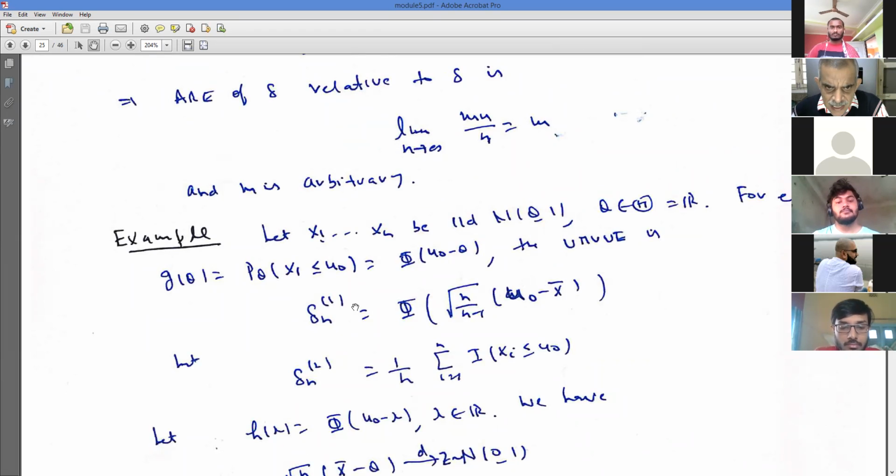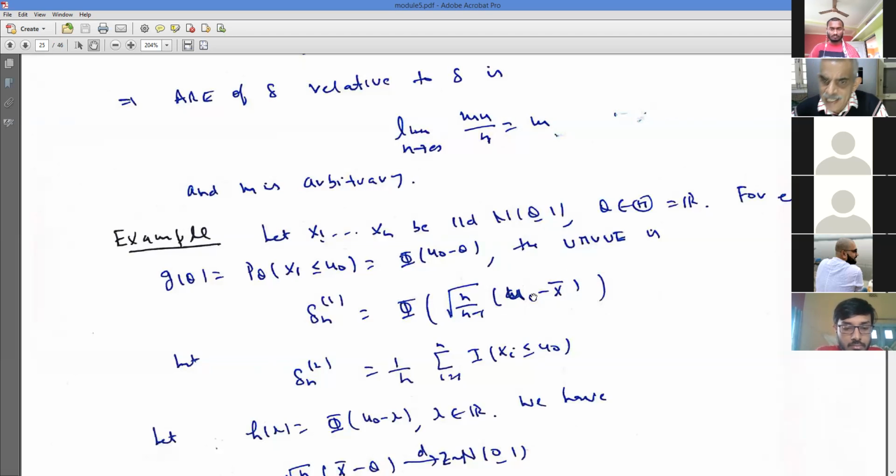Because I have to write this as h of cn x bar, where cn is already there, root n upon n minus 1, I have to write this as a sample mean of something. It can be written as a sample mean only when I define Ti as U0 minus Xi. Then T bar is nothing but U0 minus X bar, and it can be written as phi of root n upon n minus 1 of T bar, which is phi of Cn T bar.